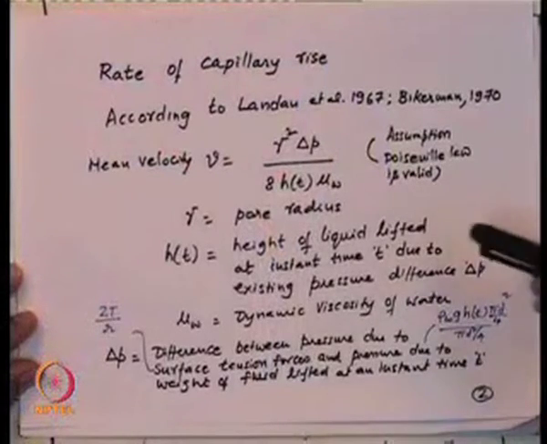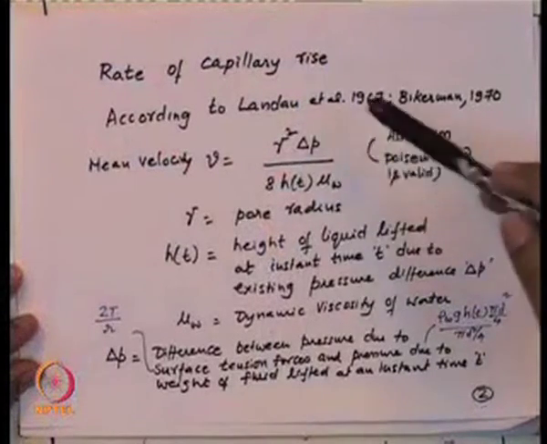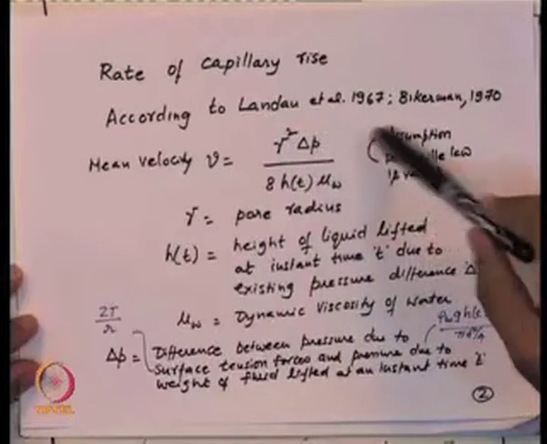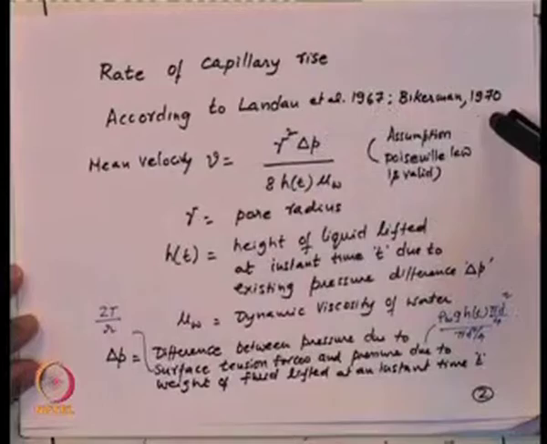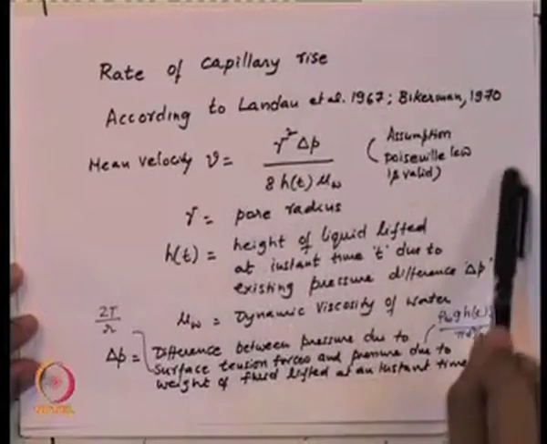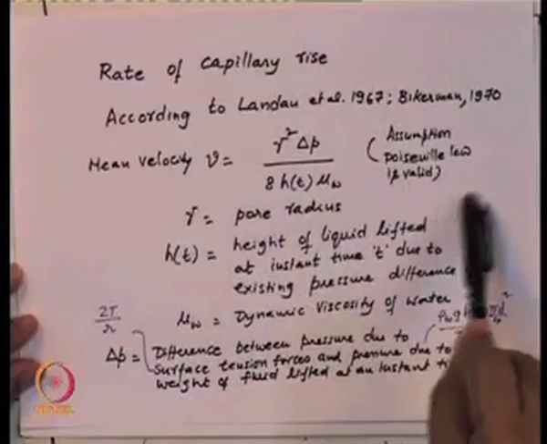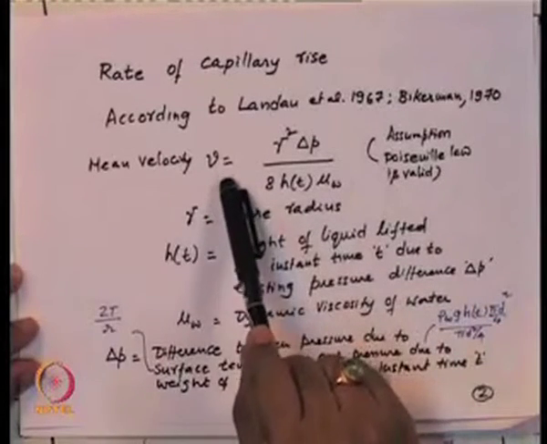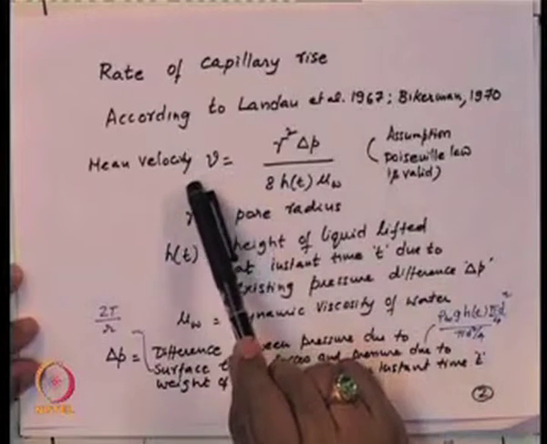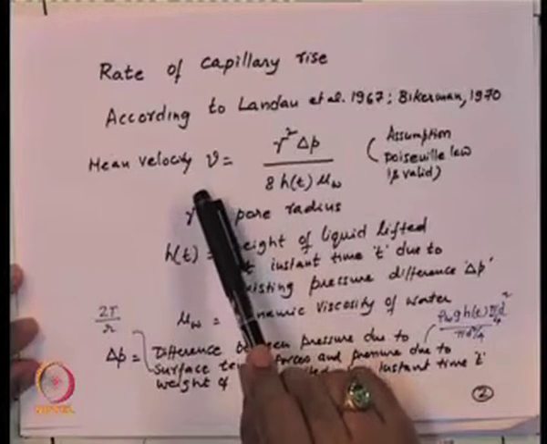Now we have seen the expression for capillary rise. We also have two other issues: one is the capillary velocity and the other is the time of capillary rise. To deduce the rate of capillary rise, according to Landau et al. 1967 and Bickerman 1970, the mean velocity, with the assumption that Poiseuille's law is valid, we can write as V, the velocity with which the rise of water takes place above the groundwater table.